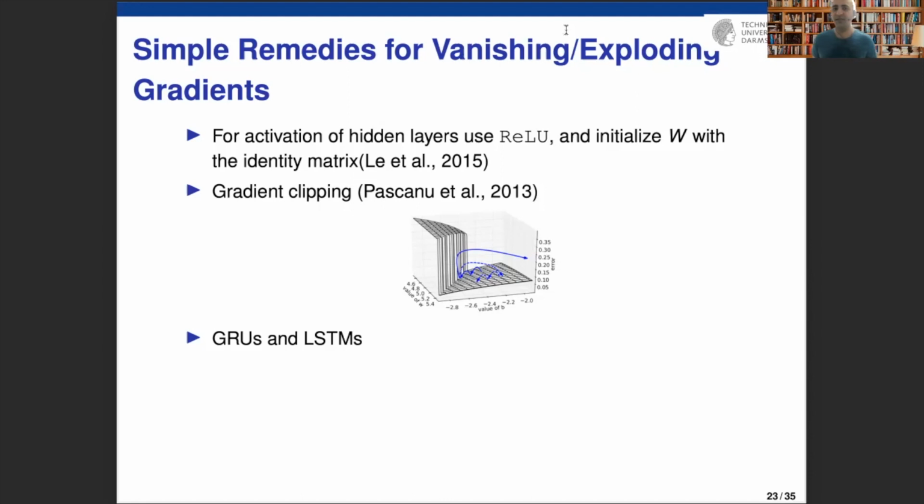For the exploding gradients, the solution is easy. We can do gradient clipping, which means that we check if the gradient of parameters is greater than a certain value, we replace the gradient with a constant value.